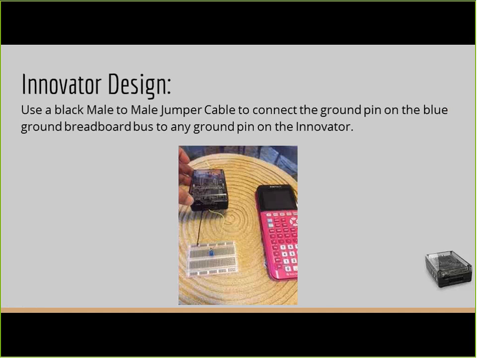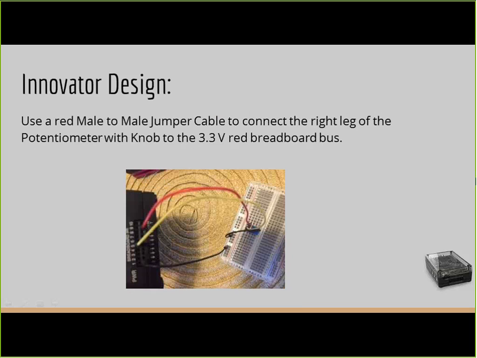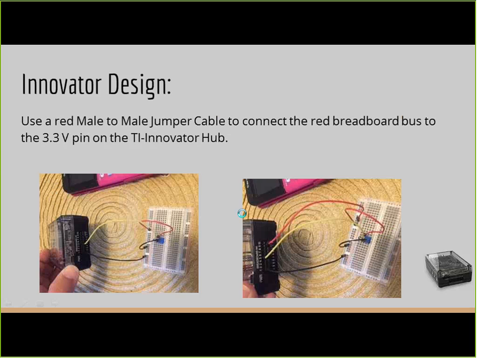So you're going to end up with 1 wire from the potentiometer to this little bus area, the breadboard bus area, to the ground of the Innovator. Then you're going to take a different color wire from the other leg to the bus, then to the 3.3 volts. And so you have the same connection that we were looking at in the schematic earlier.